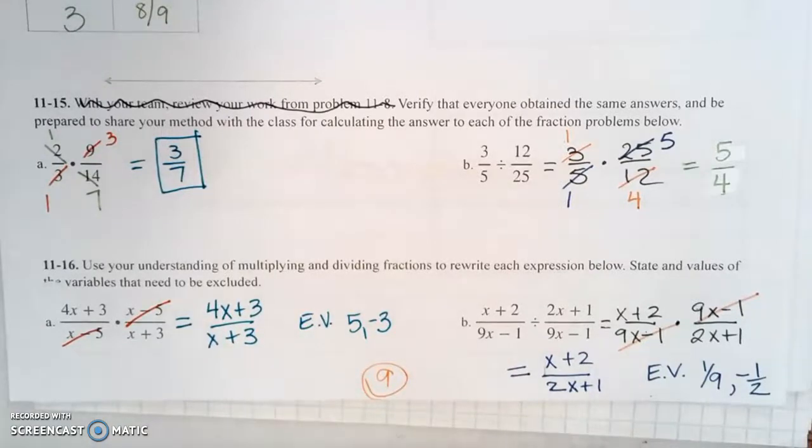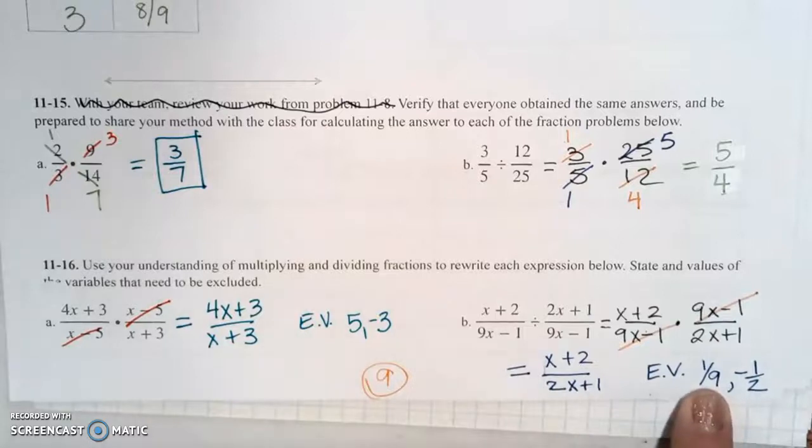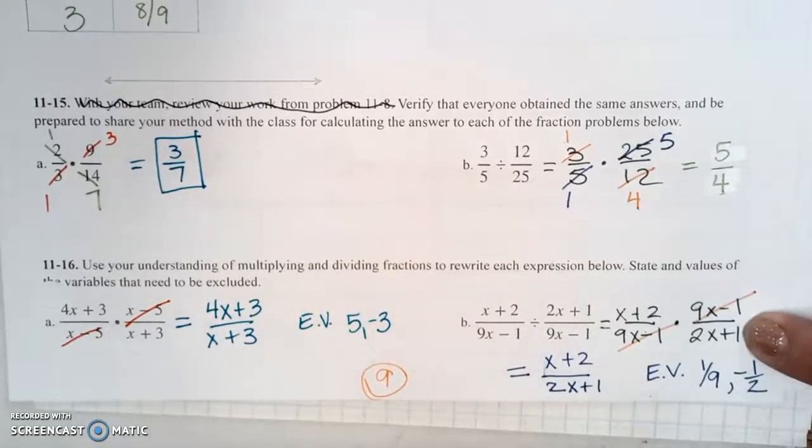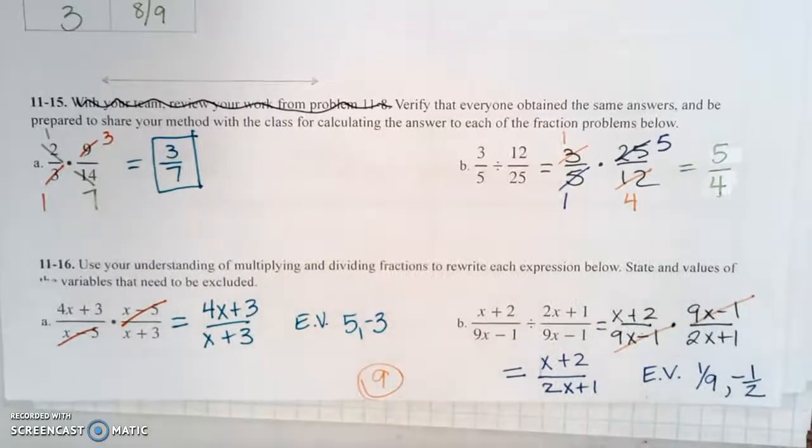And then both of our excluded values are fractions. For this one right here, you add 1 and divide by 9. That's where the 1/9 comes from. For this one right here, you subtract 1, divide by 2. That's where the negative 1/2 comes from.